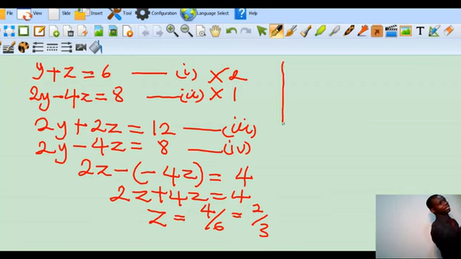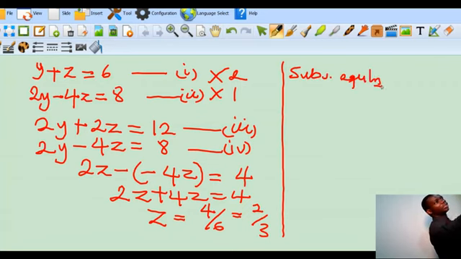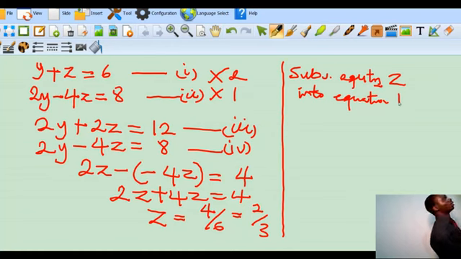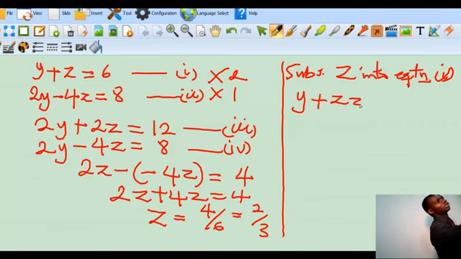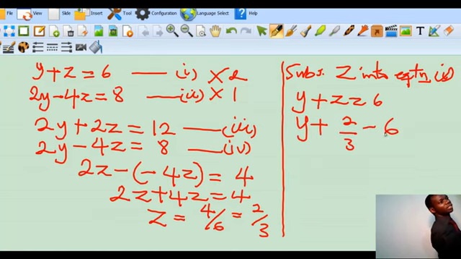Let's see how we can do that. Now, substituting z into equation 1, remember that your equation 1 is y plus z is equal to 6, and it means that your y plus 2 over 3 is equal to 6, and you make y the subject of formula.